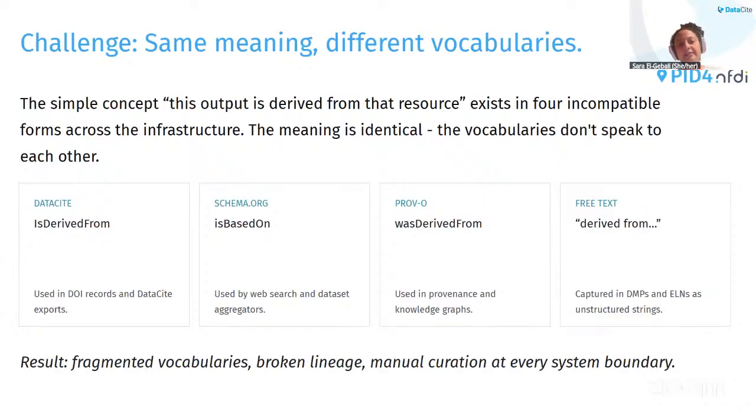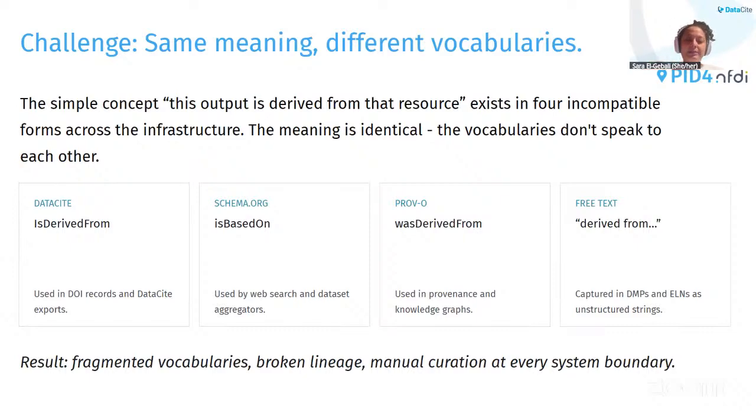And again, I'm not trying to shame anybody and say this tool made a bad choice. No, each tool made an informed choice based on the real purpose that they needed it for. Each vocabulary was designed for a purpose. The problem here is that we don't have a connective tissue between them.